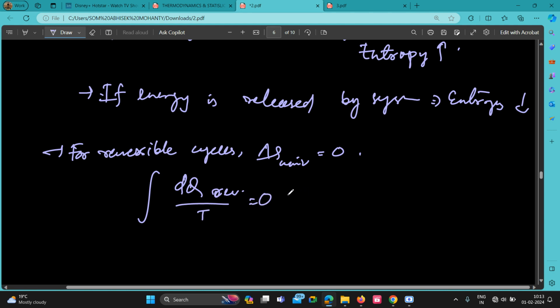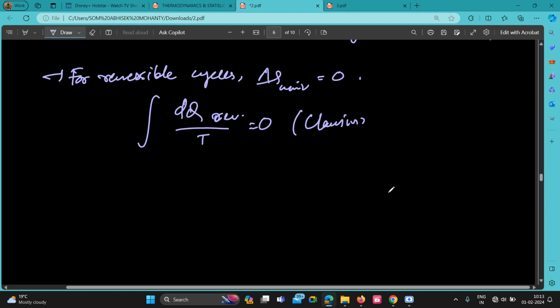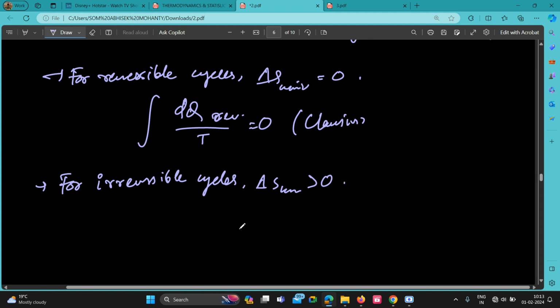This is called the Clausius statement. Now for irreversible cycles, del S universe is greater than 0, and del Q by T is greater than 0.